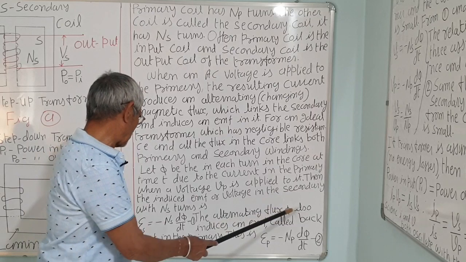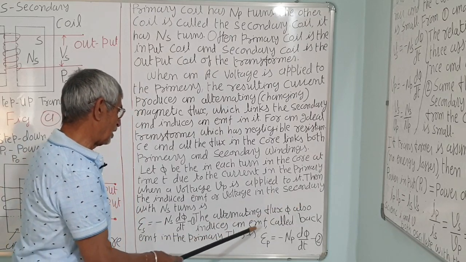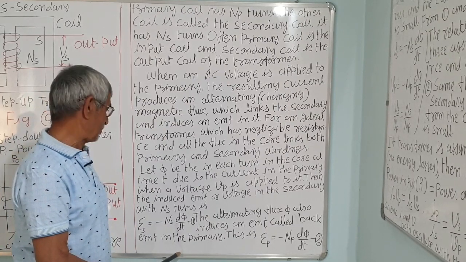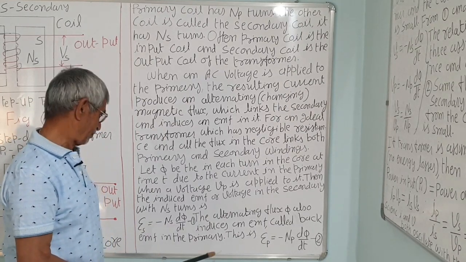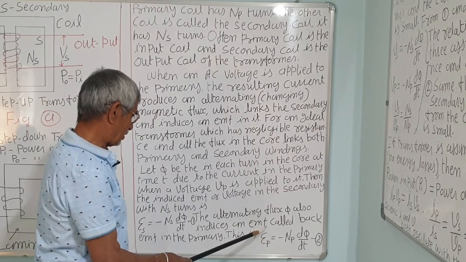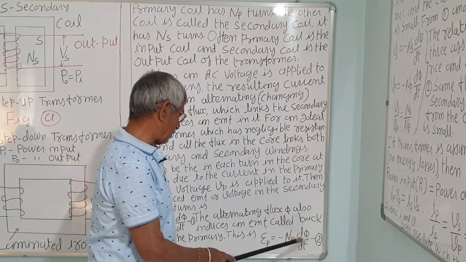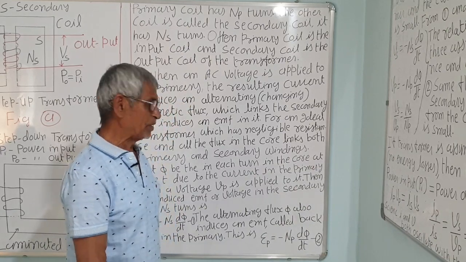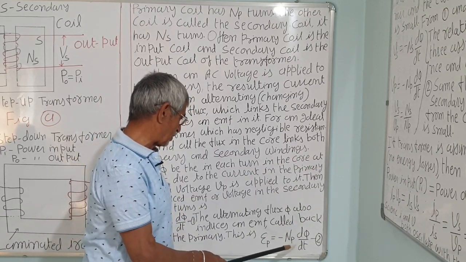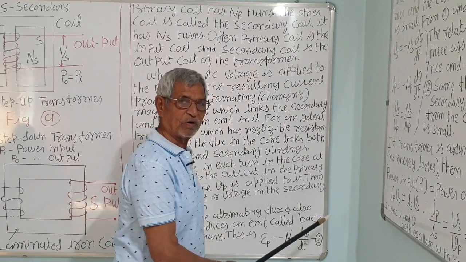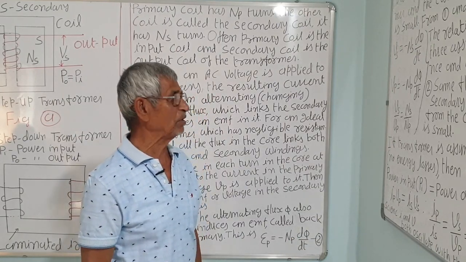The alternating flux Φ also induces an EMF in the primary, called the back EMF. Say this is Ep, then Ep is equal to minus Np dΦ/dt. Remember, Np is the number of turns of the primary. dΦ/dt is the same for both because there is no leakage of flux.